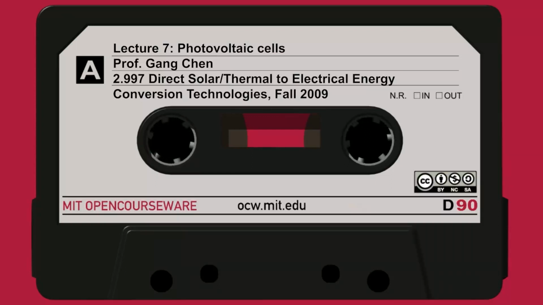Now, of course, open circuit is useless because there's no power output. In real operation, we always have a load and current flowing, and that gives power. But before I do that, I want to show you the current-voltage curve. This is your short circuit current at voltage 0, negative.